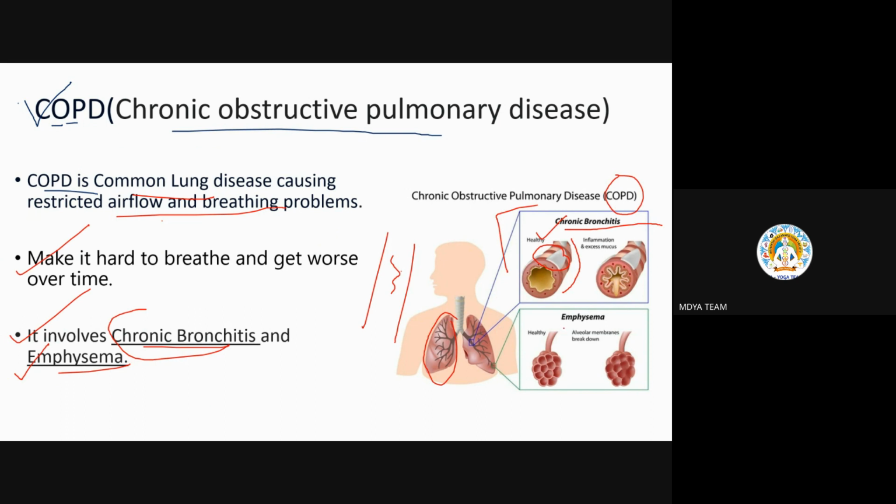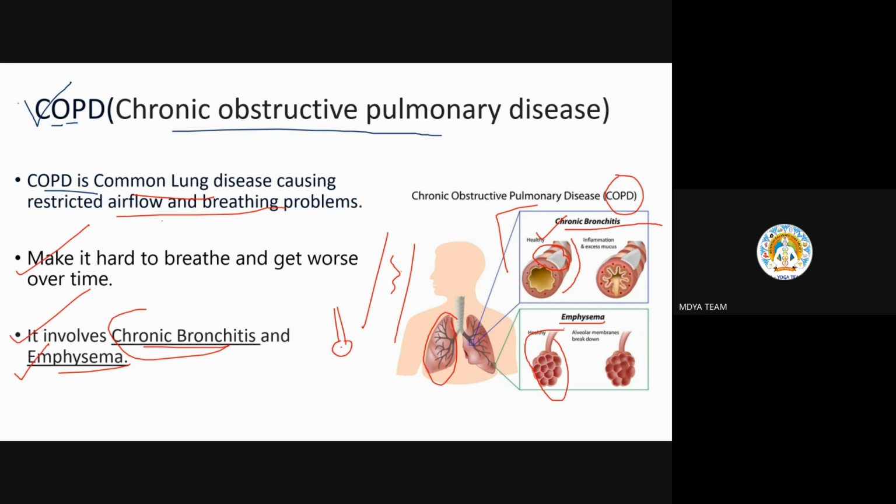But if some destruction or breakdown happens in the region of these alveoli. Hopefully, you all know alveoli, the last part of your bronchioles or bronchial terminals. There is a bulge-like structure known as alveoli, where the exchange of gases takes place.